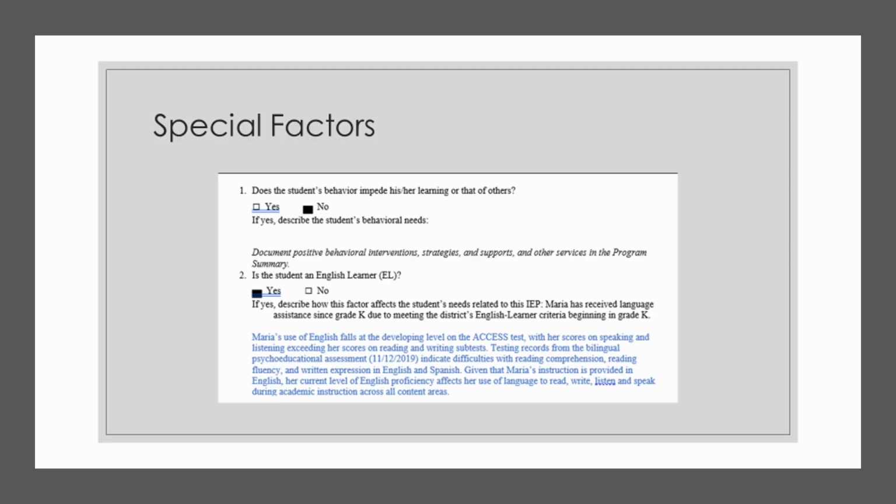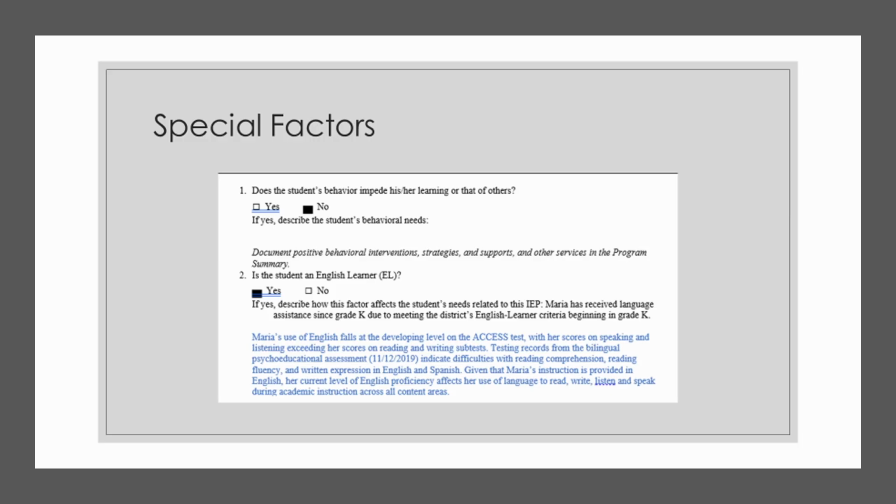Special factors must be considered when developing the individualized education program. Consider the special factors when identifying the effects of a disability, summarizing disability-related needs, developing goals, and determining services in the program summary. For example, if a student's behavior impedes learning or that of others, describe the student's behavioral needs. The behavioral needs of the student may be determined through a functional behavioral assessment.